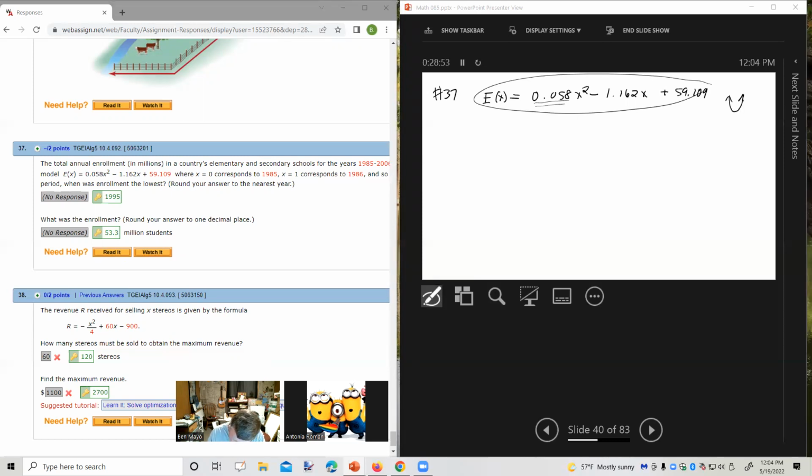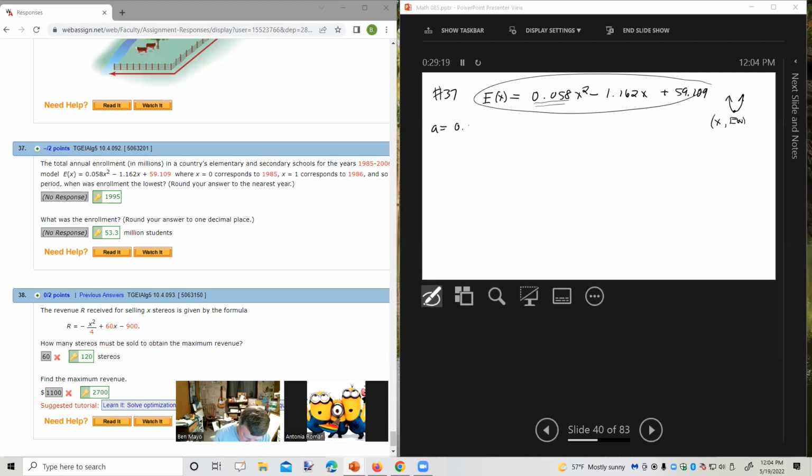So our vertex is going to be X comma E of X. X will represent the number of years after 1985. E of X will represent the enrollment. When would it be the lowest, at its minimum, which would be the Y or the E of X value of the vertex? So again, it's all about finding the vertex, okay?